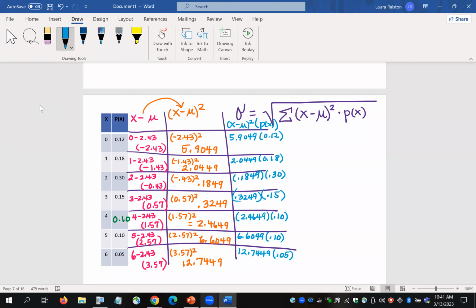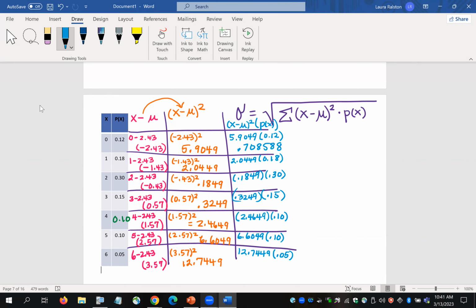Okay, so then I'm going to do those multiplications. You can use your calculator. Now, what you could do is type it all into your calculator, because after you get them multiplied, you want to add them together.